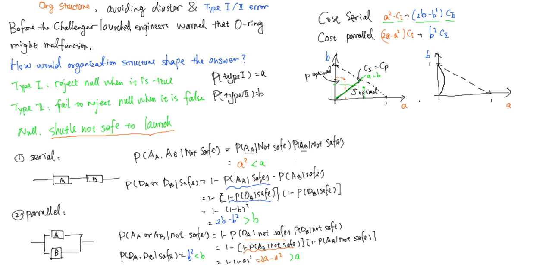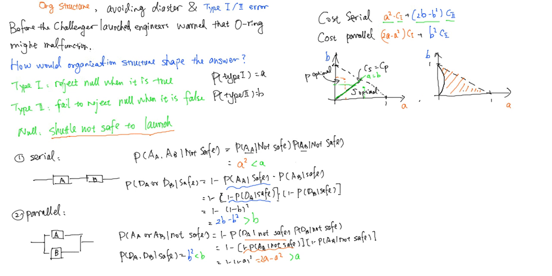So the iso-cost curve will be severely bent. That means we would like to avoid type 1 error at a high expense of the type 2 error. So that means the whole area here is optimal for a serial structure.